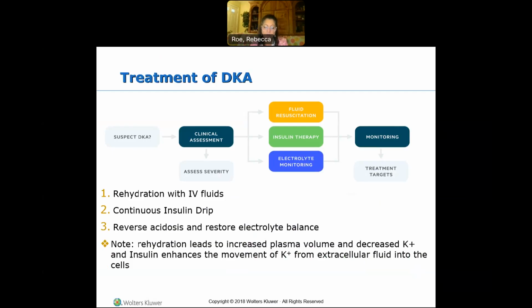If phosphate is less than 1 milliequivalent per liter, you want to give them a replacement, given that low phosphate causes rhabdomyolysis or neuromuscular dysfunction, including respiratory muscle weakness and cardiac dysfunction.